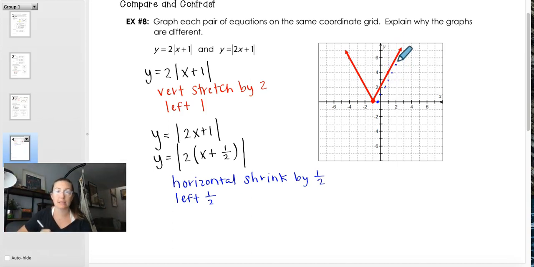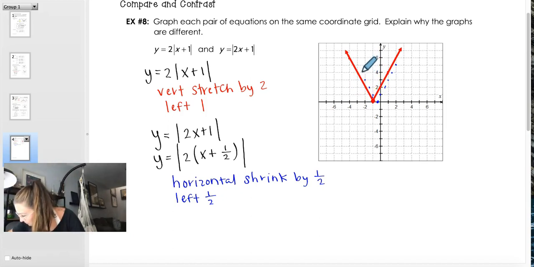Okay, so there's that side. Other side, over a half, up 1, over a half, up 1, over a half, up 1, over a half, up 1.